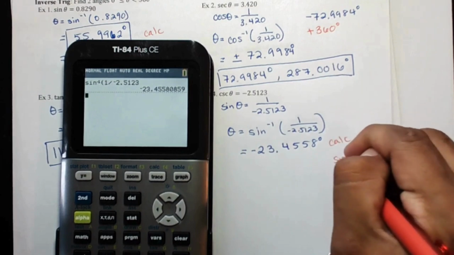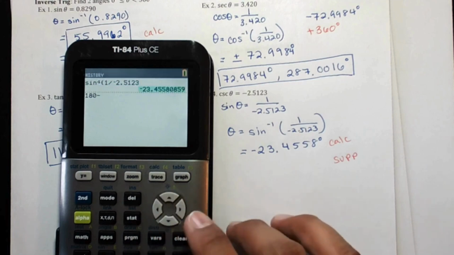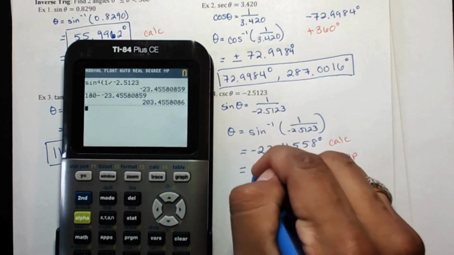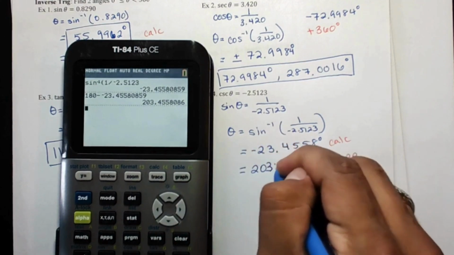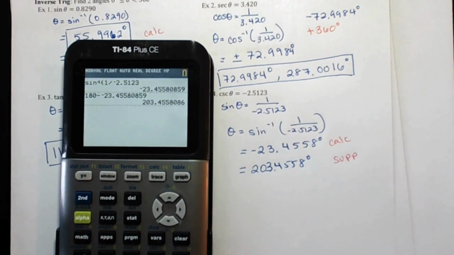What I also need to do is figure out the supplement. And just because it's negative doesn't mean to change anything. You literally just do 180 minus that angle and get 203.4558 degrees.